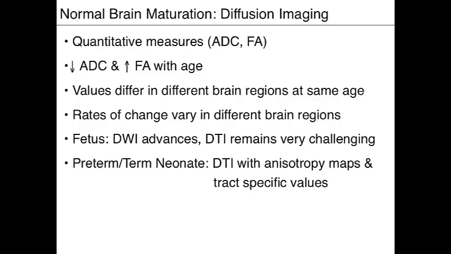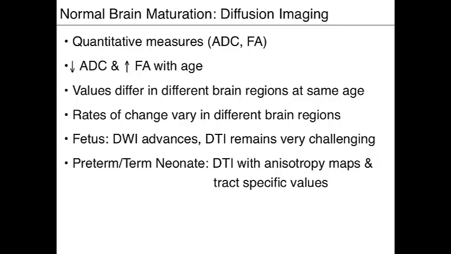And I strongly recommend that when you are assessing the fetal and neonatal brain with diffusion imaging, that you actually draw regions of interest, for instance, in the deep gray nuclei when you're worried about hypoxic ischemic injury, and you quantitate the ADC values, for instance, and compare them to what is normally observed in those areas.